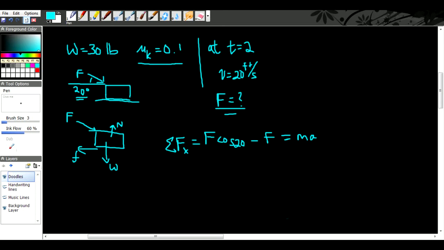We know the mass because mass is the weight divided by gravity. So the mass is equal to 30 over 32.2.